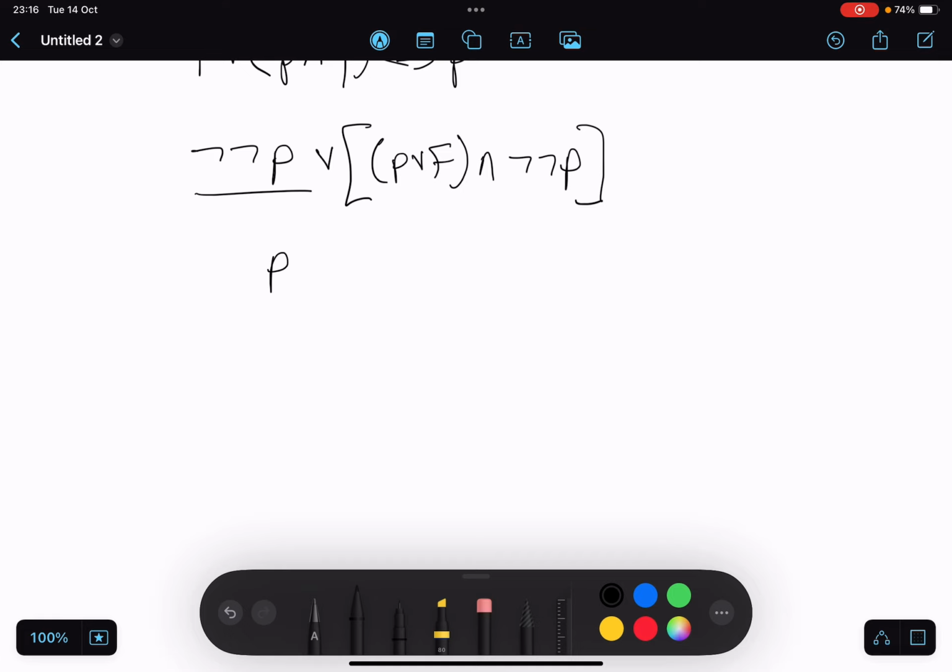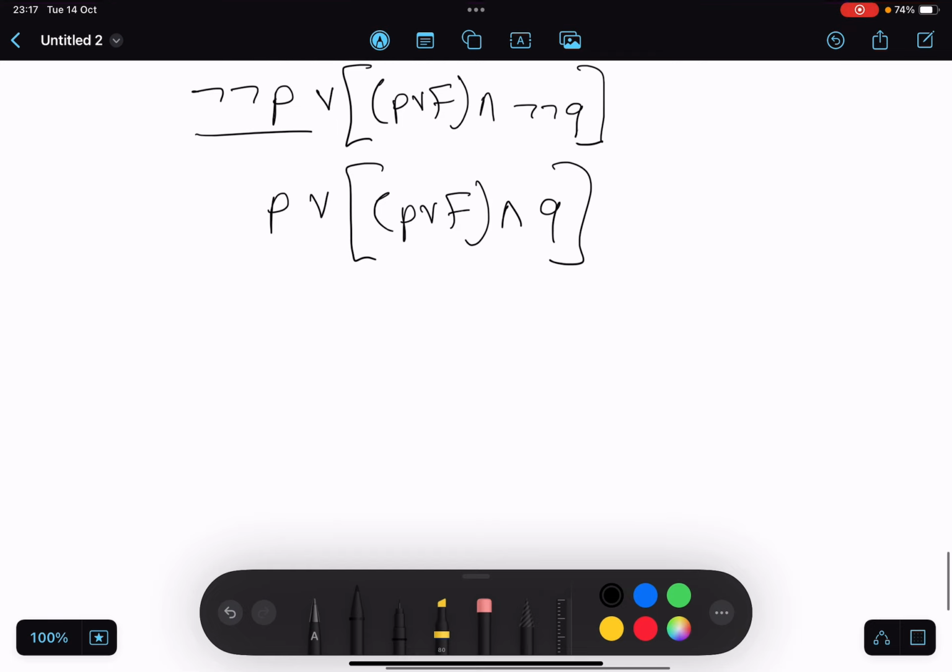So this is going to be P or P and F, and with this negation, the double negation of Q is going to be Q, isn't it? So now we have simplified it.